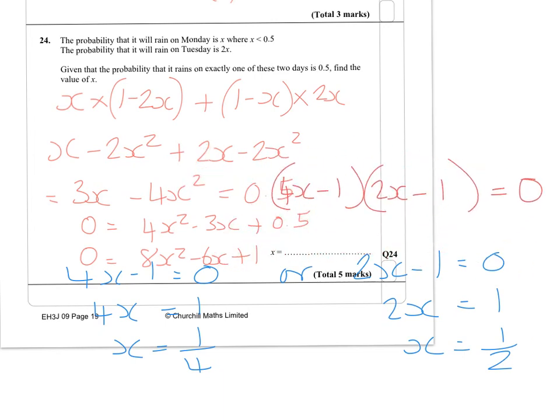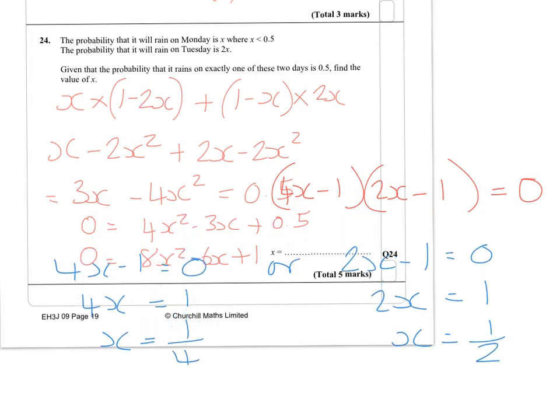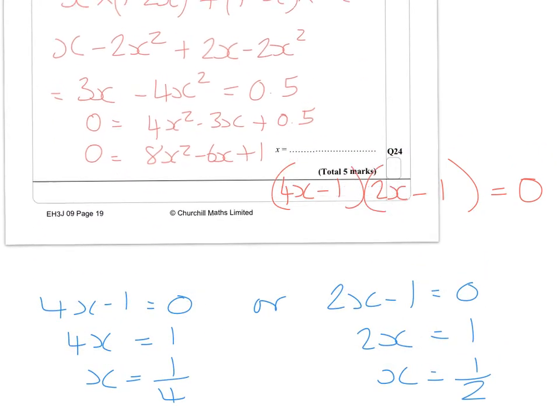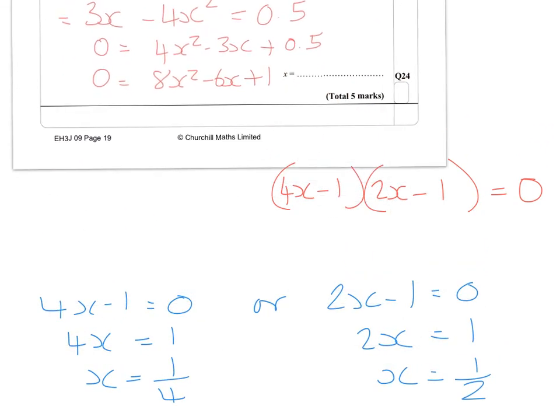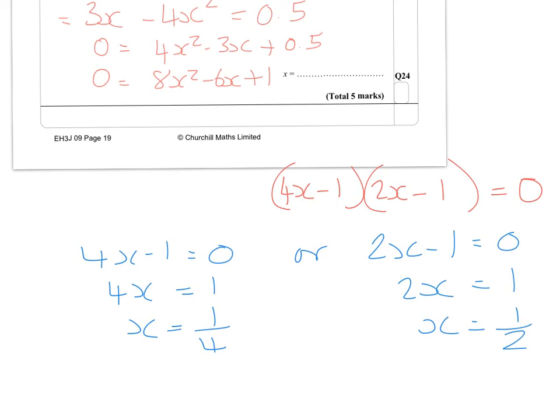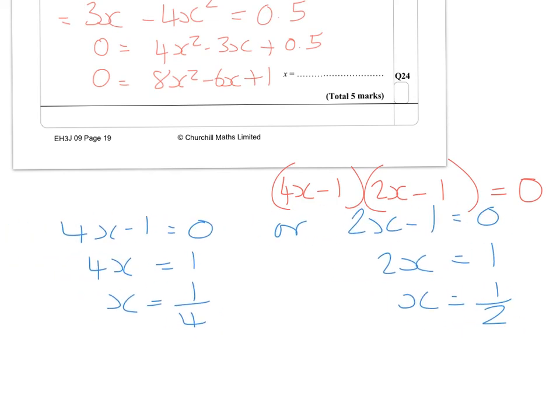Just going back to our answers there, it can only be the value of x which is less than a half. Well, that is a quarter, so that means that's our answer.